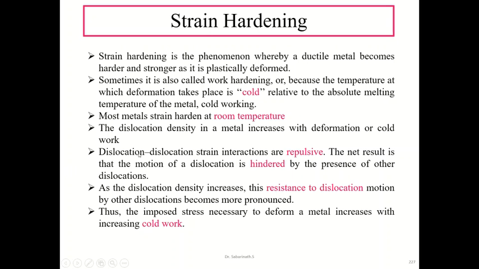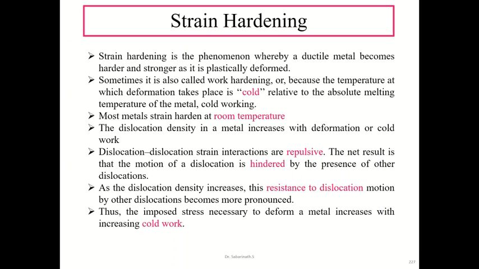The dislocation strain interactions are repulsive, and the net result is that the motion of a dislocation is hindered by the presence of other dislocations. So the more dislocation interactions, the more the dislocation is pinned down, and the more energy or stress is required.